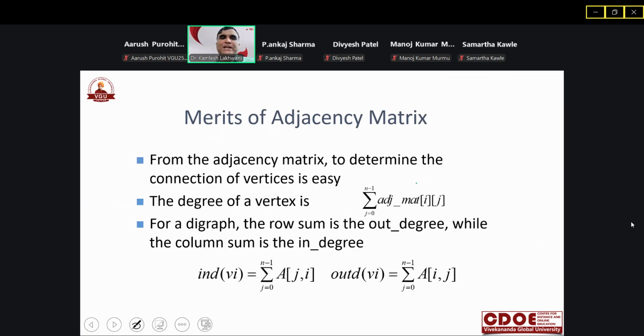So what are the merits of adjacency matrix? From the adjacency matrix, determining the connections of vertices is very easy. This is the merit.